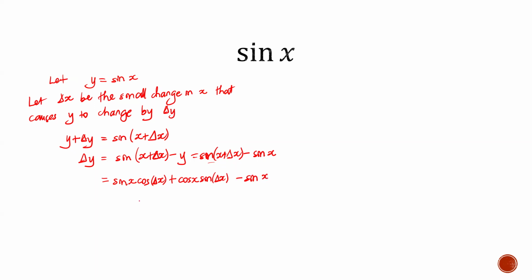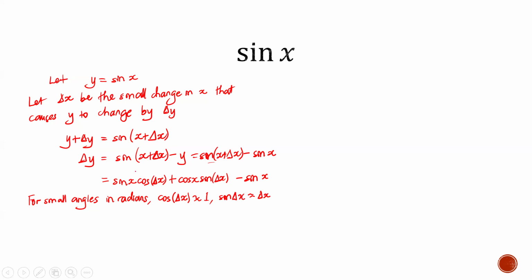Now, for small angles in radians, this is a thing that happens when we're working with differentiation of trigonometric functions. For small angles in radians, and you could actually just check this out in your calculator, the cosine of delta x can be approximated to 1, and the sine of delta x can be approximated to delta x, only for small angles in radians.